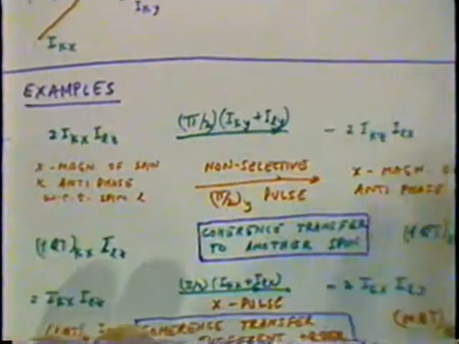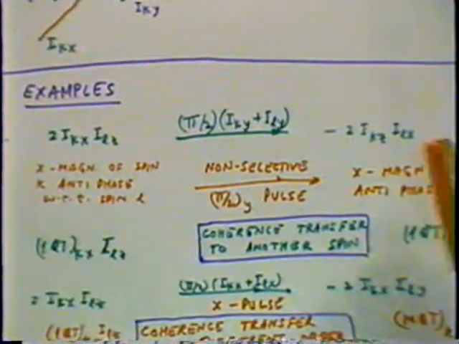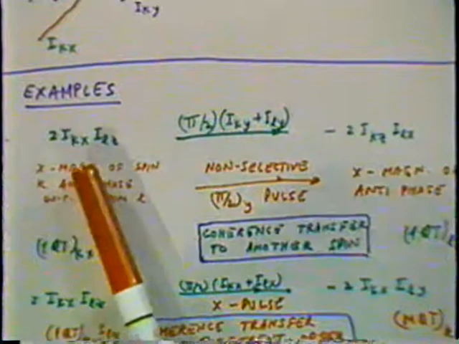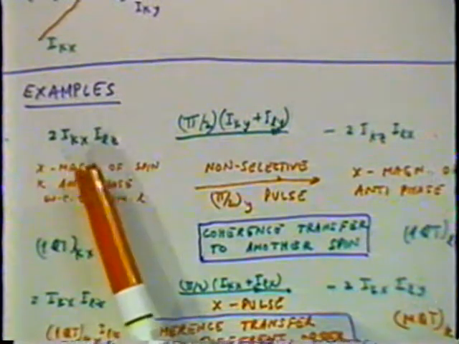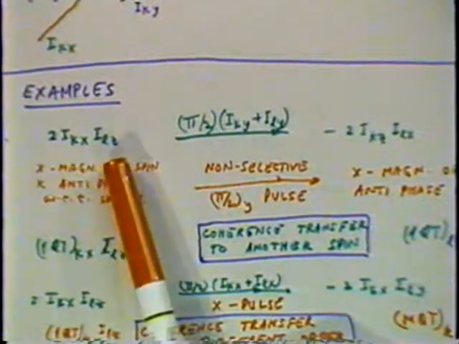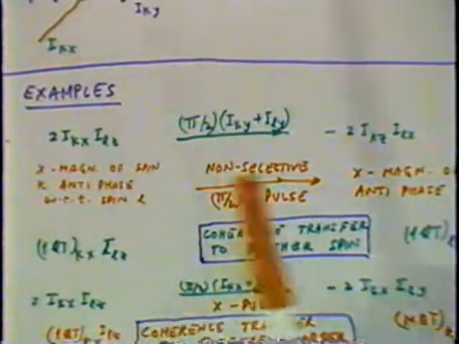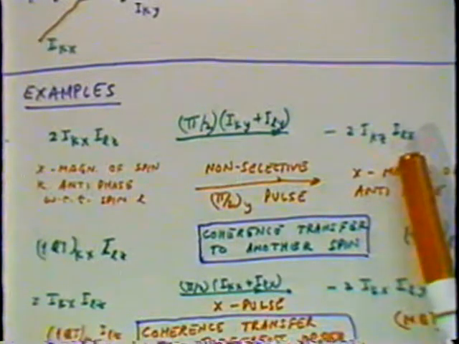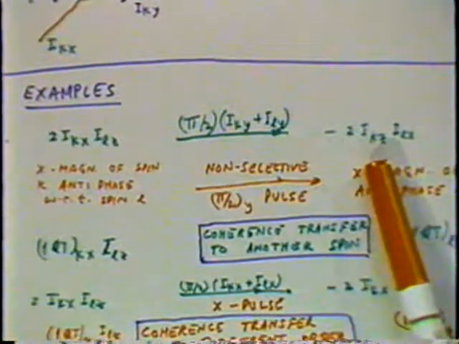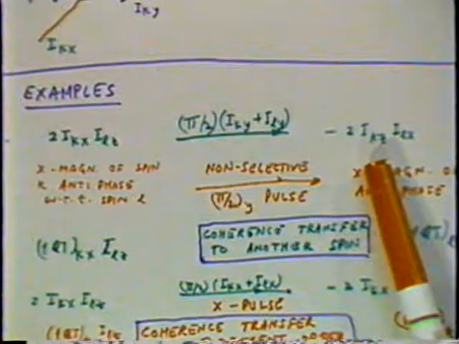And what has happened here is what we have already discussed before: this is the x magnetization of spin K antiphase with respect to L, and we get x magnetization of spin L antiphase with respect to spin K. And this is the coherence transfer step.